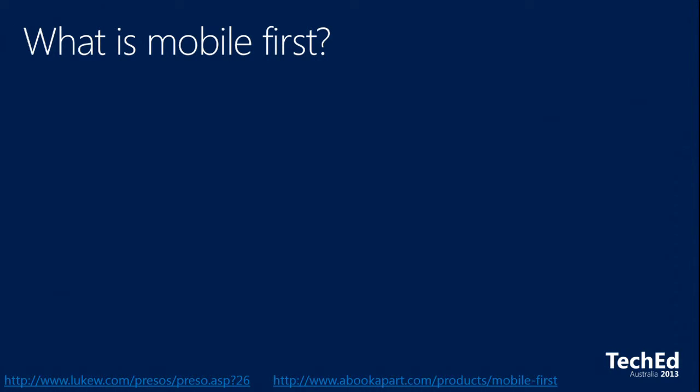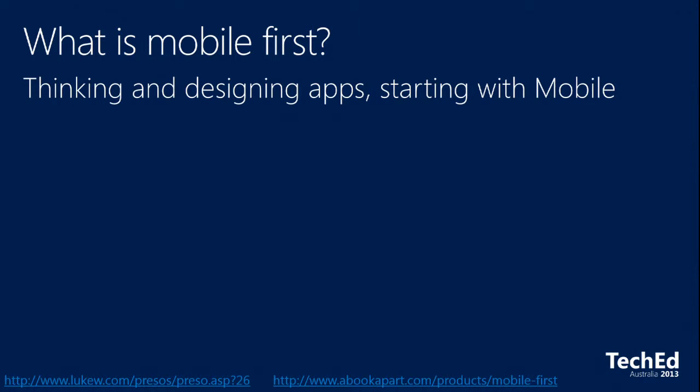Mobile first is this concept of thinking and designing apps starting with the mobile. For example, a company comes up and they've got a website with 50 features on the front page. Then they write a mobile app and there are 5 features on the home screen of the mobile app. How did they decide, or who decided, what those 5 most important features were?